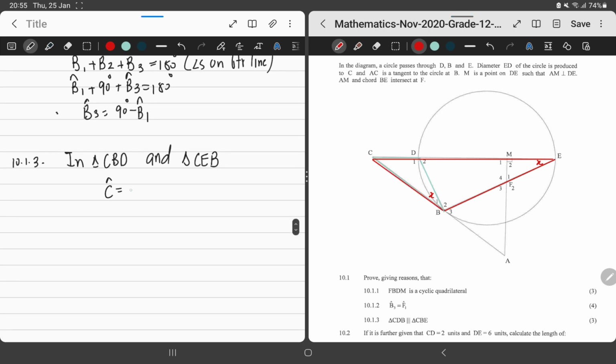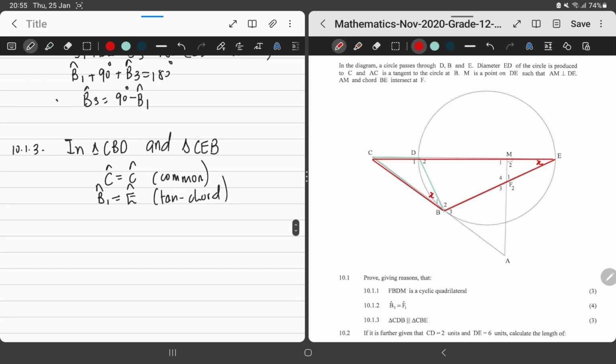So C is equal to C because it's common. And we can see that B1 is equal to E because of the tan chord. So this means that D1 is equal to CBE.